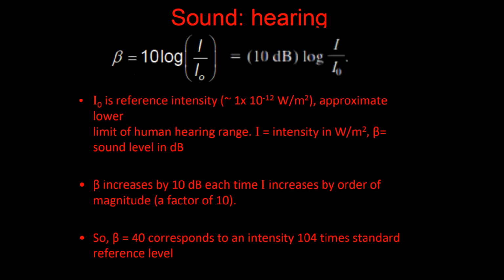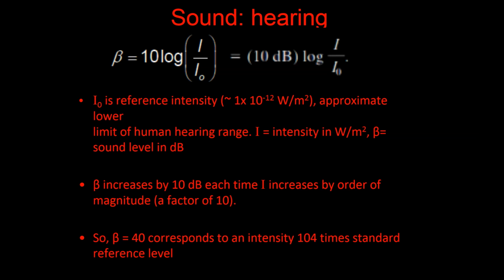So here's the equation mentioned before. Beta is essentially our value in decibels. I0 is some reference intensity, which is set at the lower limit of human hearing at about 1 times 10 to the minus 12 watts per square meter. Obviously, this will vary based on the individual person, experiences, hearing damage, age, things like that.